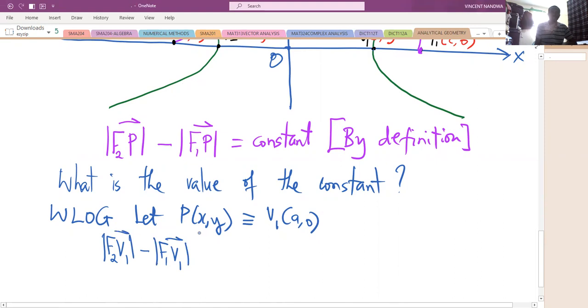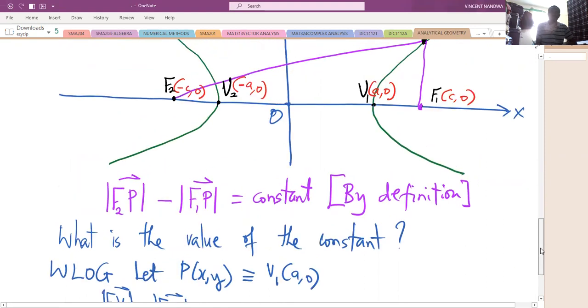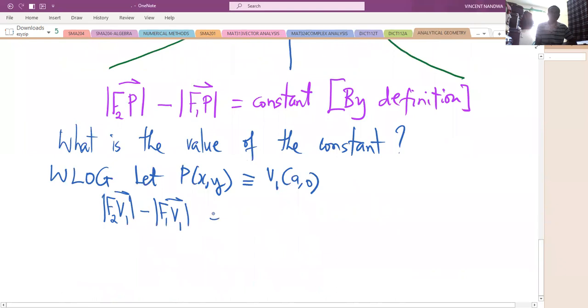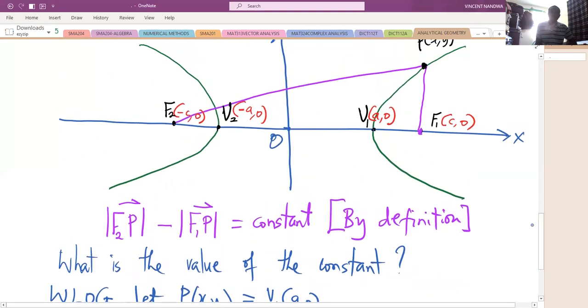And you see F2V1, the distance from this point to this point. We know that from the origin to V1 is A units, and from F2 to the center is C units. So the distance from V1 to F2 will be C units plus A units, so that will be C plus A. Then minus F1V1.